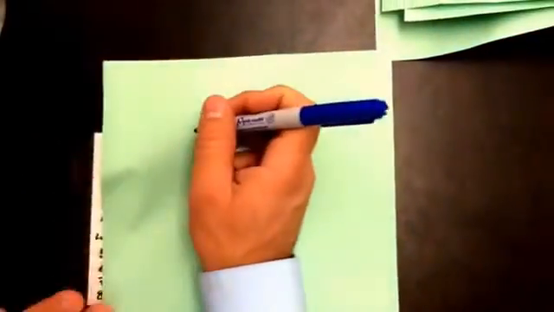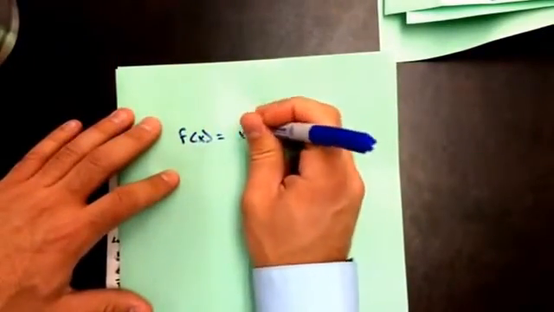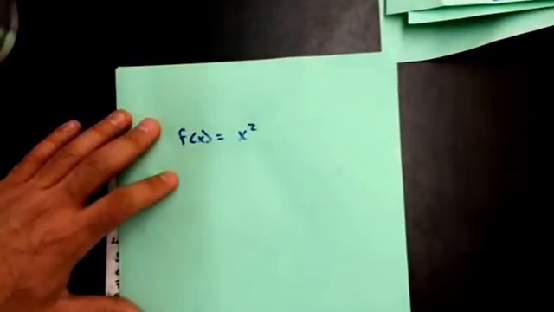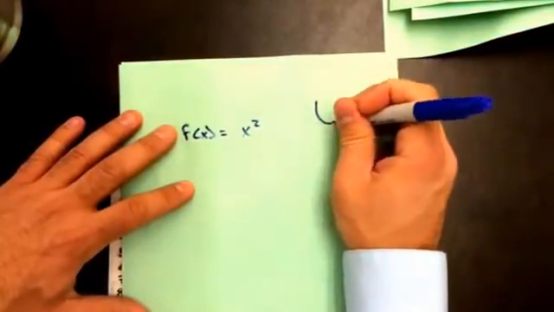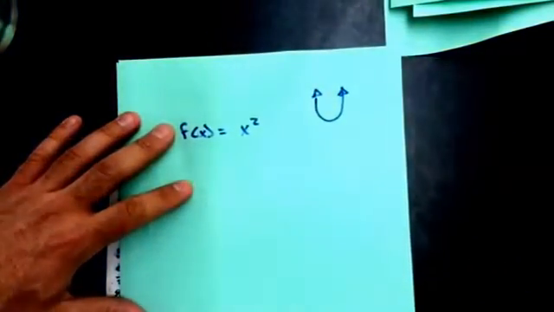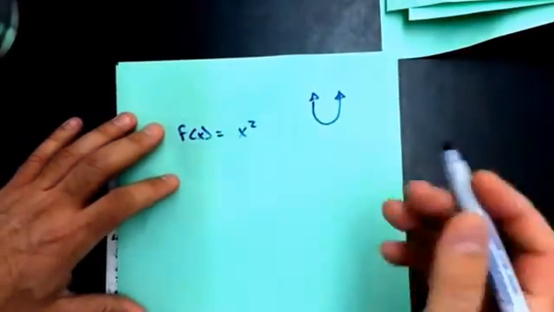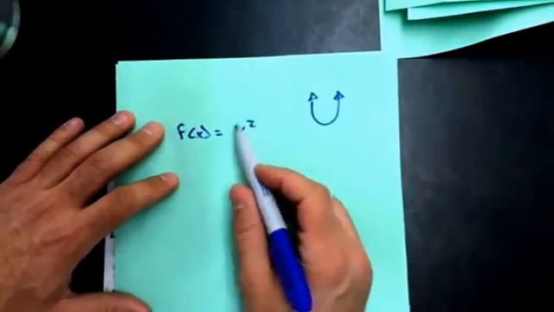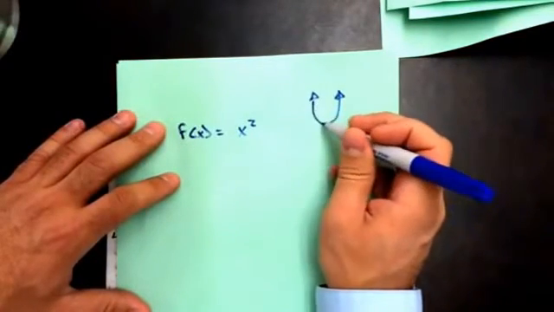So when you're looking at a function rule, if it tells you this is the parent function of a quadratic, you know that this parent function is going to look like this. The even number means the graph is going in two different directions.